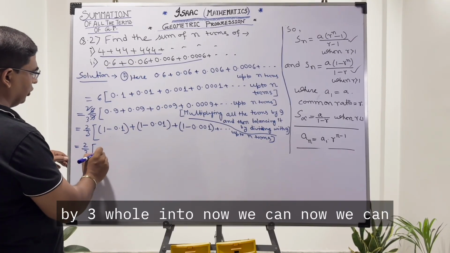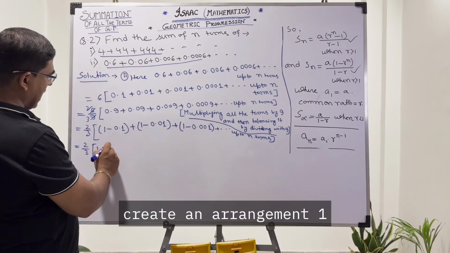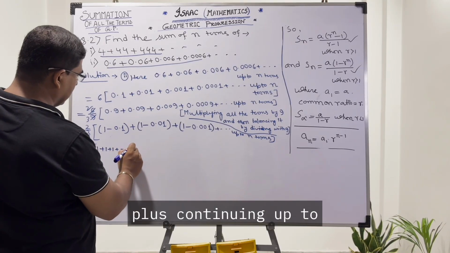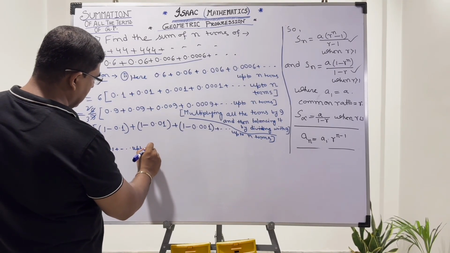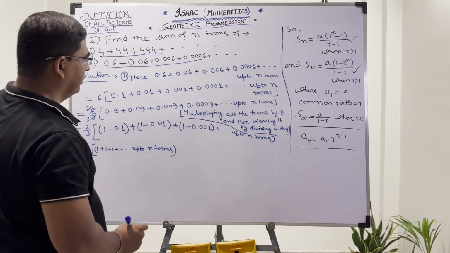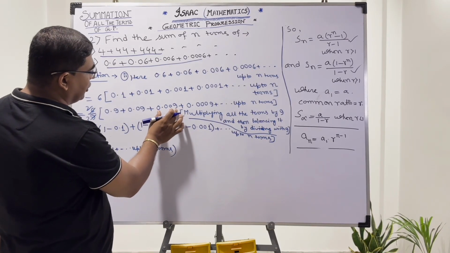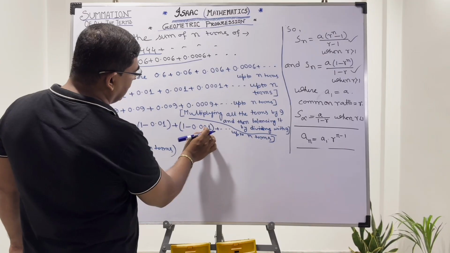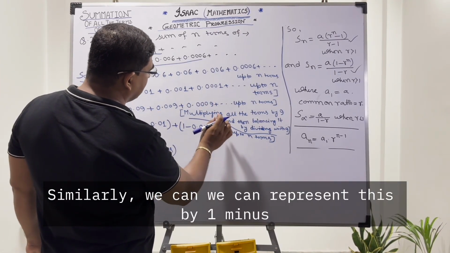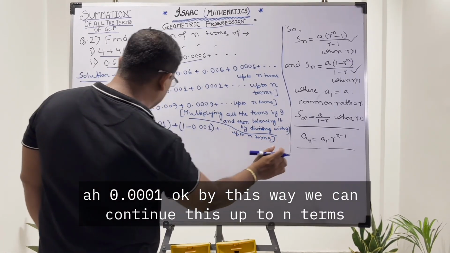2 by 3 whole into, now we can create an arrangement: 1 plus 1 plus 1 plus continuing up to n terms. Here we represent 0.009 by 1 minus 0.001. Similarly, we can represent this by 1 minus 0.0001. Okay, by this way we can continue this up to n terms.